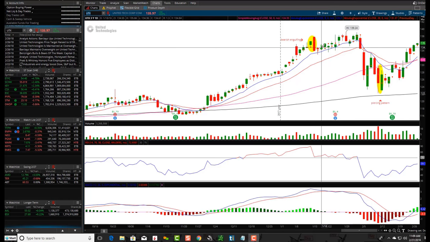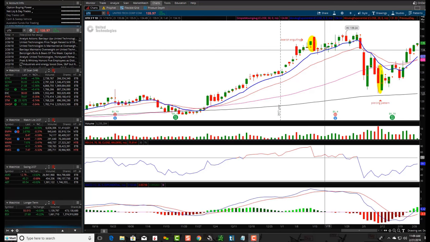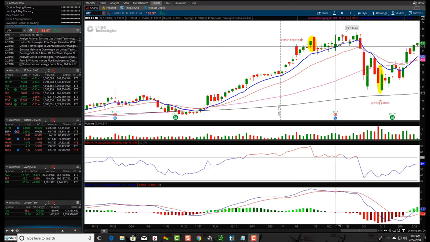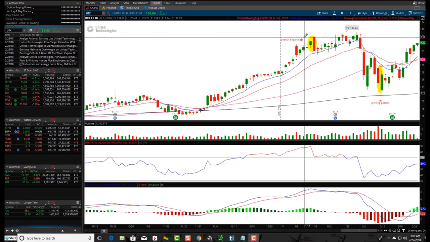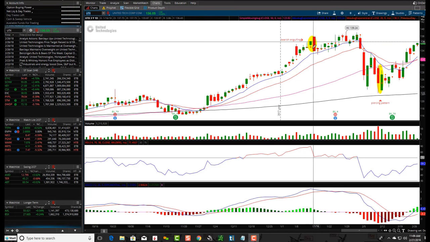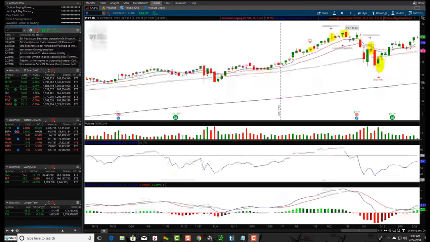But look, it just came down and held the 9 EMA, and then it moved up. But you can see this is a mess right here. Very choppy, very difficult to trade this. But as you can see, the peak of that red candle didn't get much higher before it just kind of faded. But again, you've got to be careful. Look at these warning signs. This is a perfect looking bearish engulfing candle.